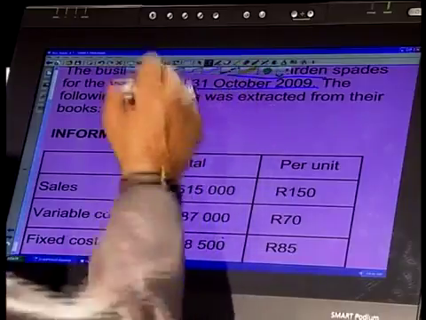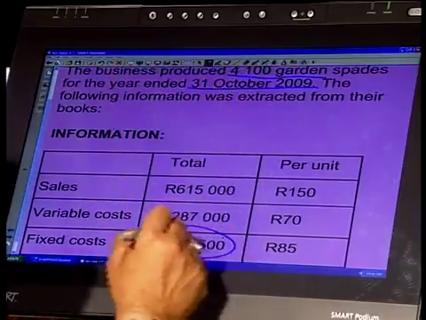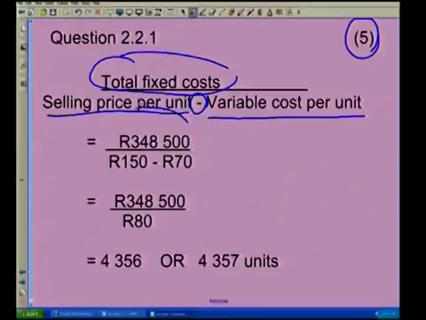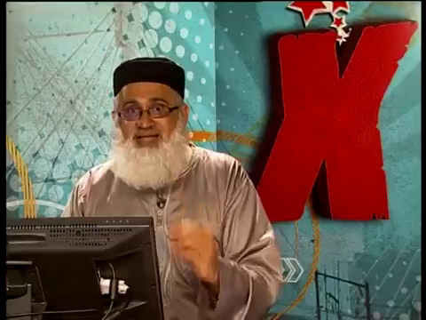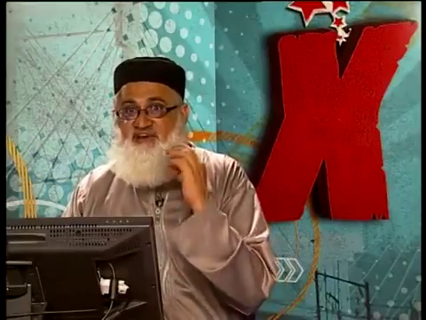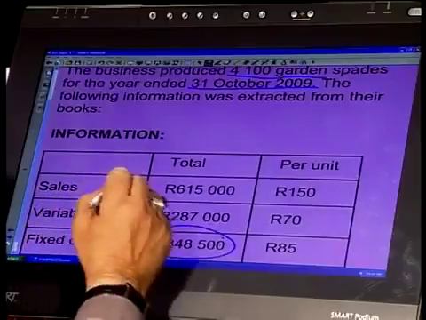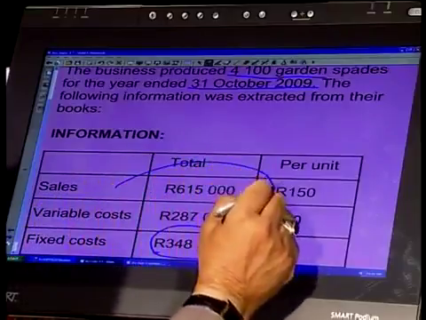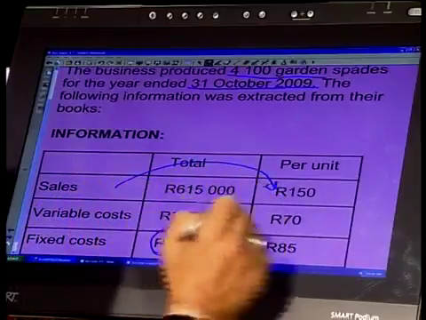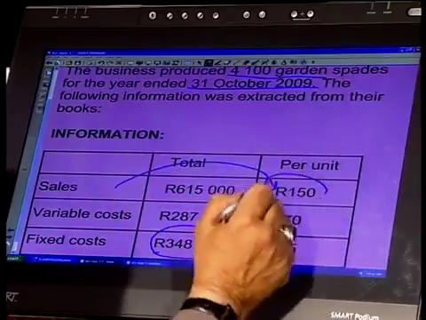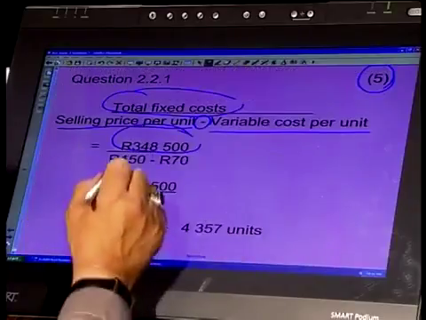Let's go into the question. Okay, let's look at the information that appears in the question. It says here that my total fixed cost is 348,500. Therefore, in my calculation, 348,500, that's my total fixed cost. I divide it by my selling price per unit, which was, in my question, selling price.